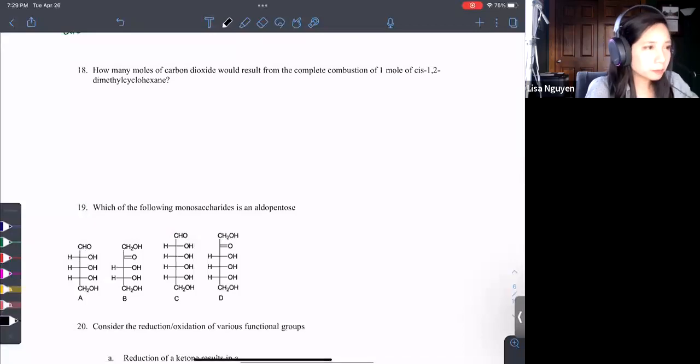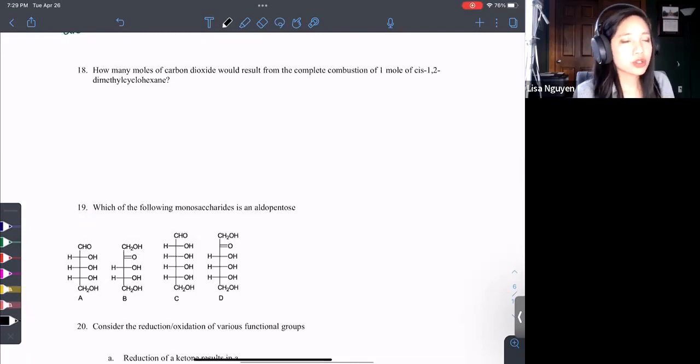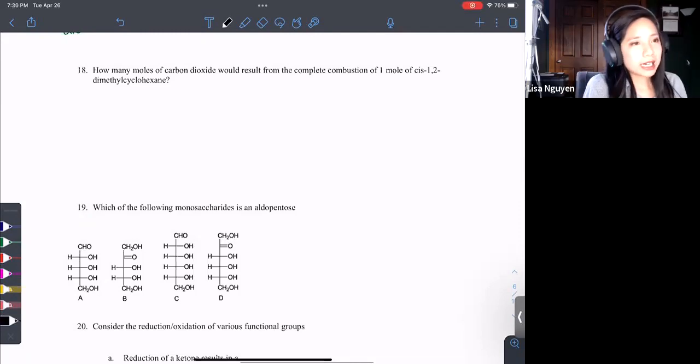How many moles of carbon dioxide will result from the complete combustion of this molecule? As you know, I can't ask you to draw a molecule on a multiple choice exam or on Carmen. So the best I can do is tell you, okay, you have a combustion reaction and you burn this molecule, and I give you a name.